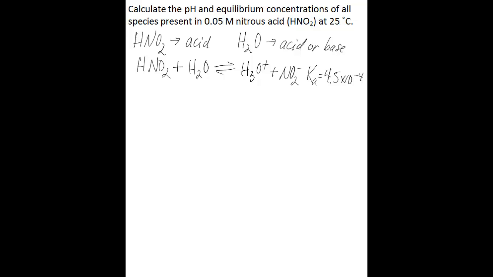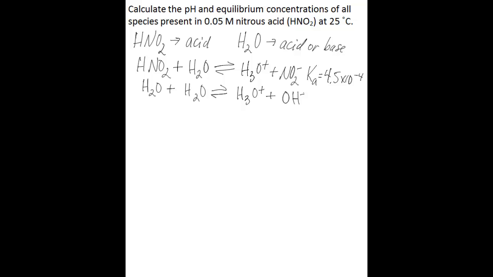The next possible proton transfer reaction is where water transfers a proton to another water molecule. And again, this is because water can act as an acid or a base. When that happens, you're left with a hydronium ion, and this is the water molecule that has been transformed to a hydronium ion because it accepted a proton from the other water molecule, which donated its proton and is left over as just the hydroxide ion.